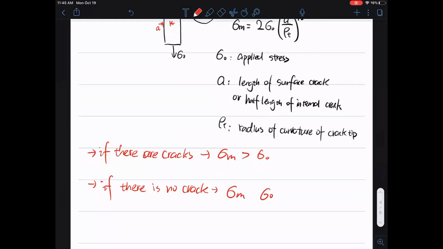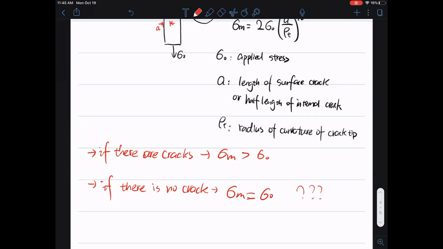But what if there are no cracks? What's the relationship between sigma m and sigma naught? It's going to be equal, right? If there are no cracks.